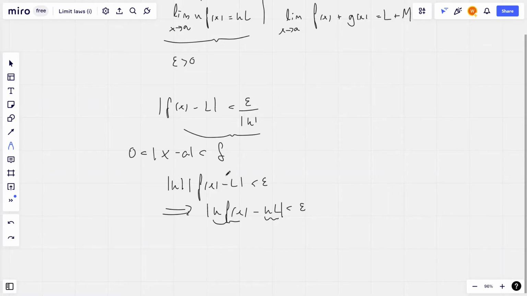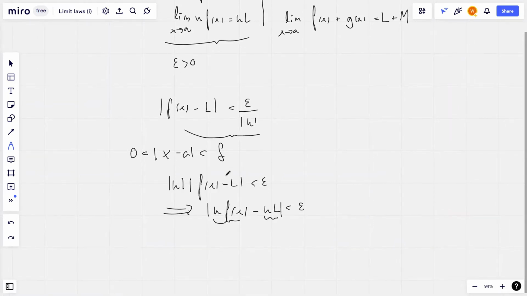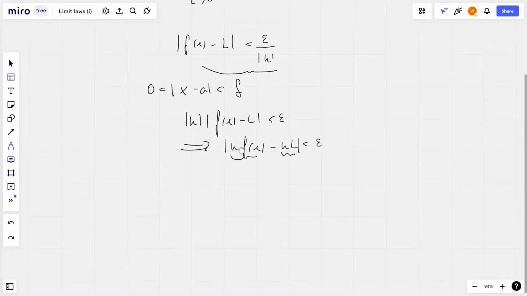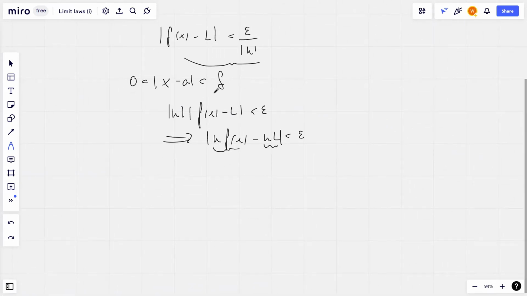So let's see what this says. If we choose some epsilon, then this will imply this.